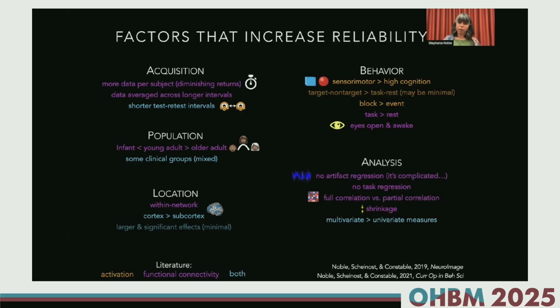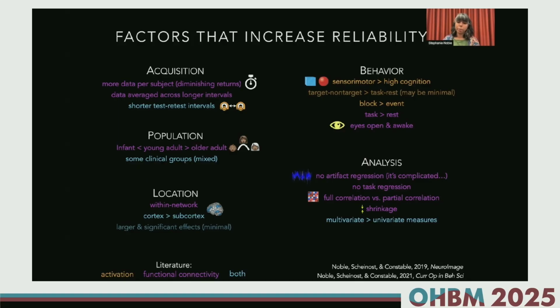And then finally, there are a number of analytical factors that can impact reliability. I like to highlight this idea that artifact regression tends to decrease reliability, but it's actually a very complicated issue where we also see some studies pointing out that you might have better ability to detect findings of interest when you use artifact regression, even though test-retest reliability decreases.